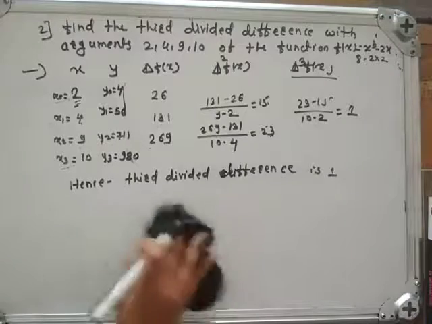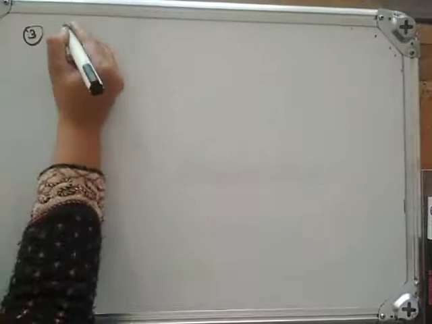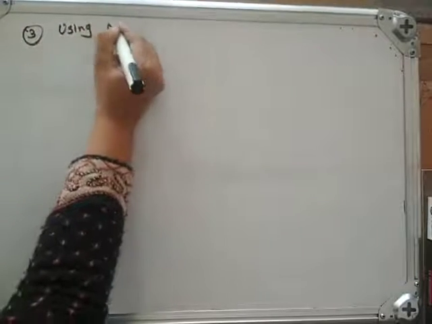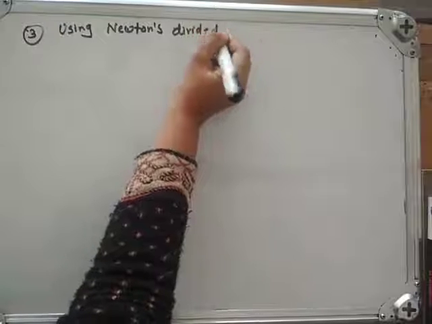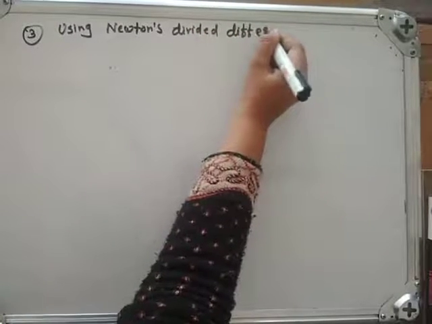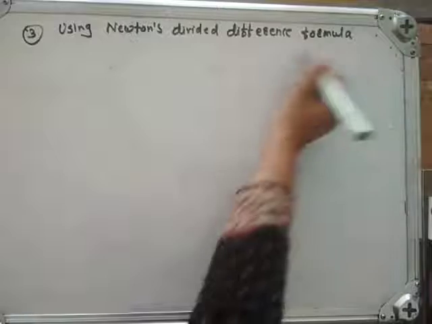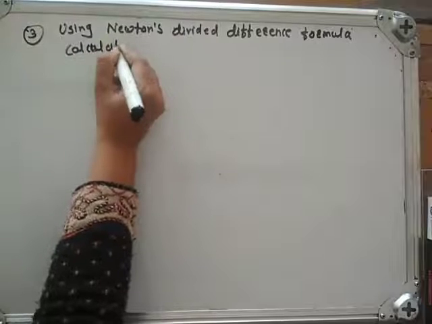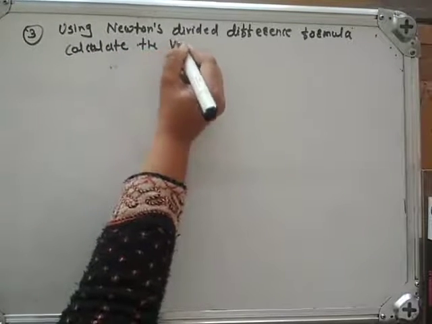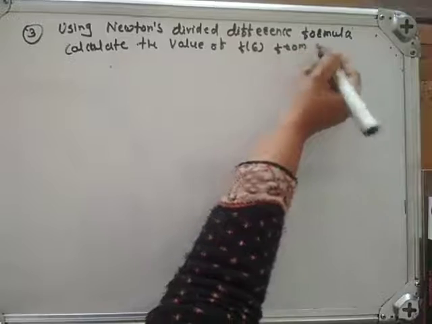Okay, we will take one more example. Using Newton's divided difference formula, calculate the value of f of 6 from the following data.